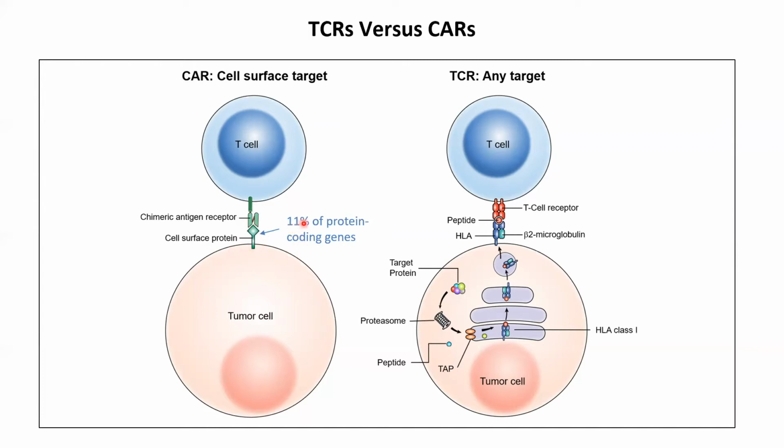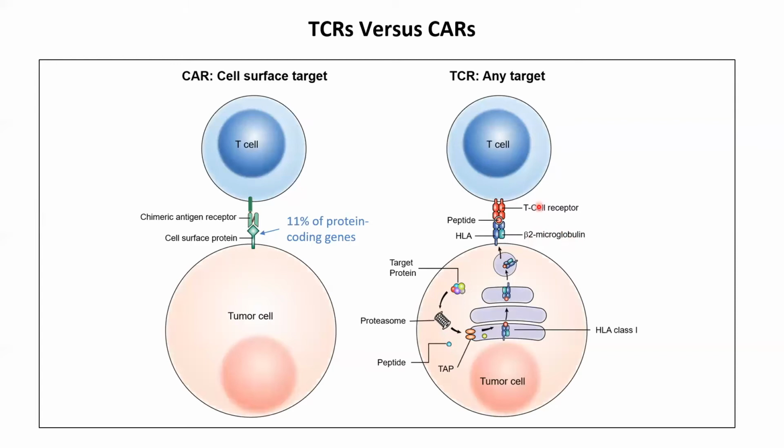Unfortunately, only about 11% of protein coding genes are on the surface of the tumor cell. Most of the most attractive target antigens are actually located in the intracellular compartment, and this includes the E6 and E7 oncoproteins of HPV that we would be targeting in cervical cancer.